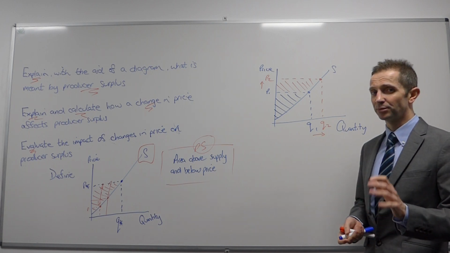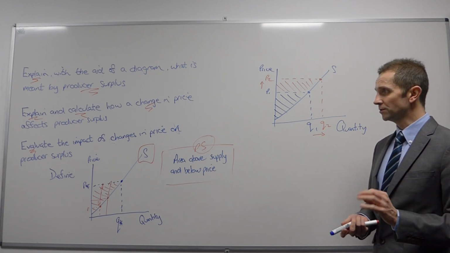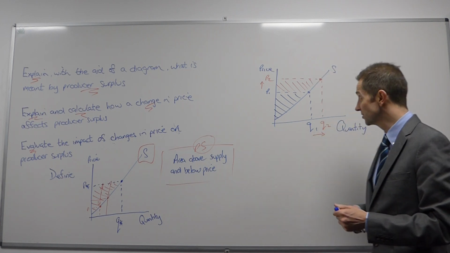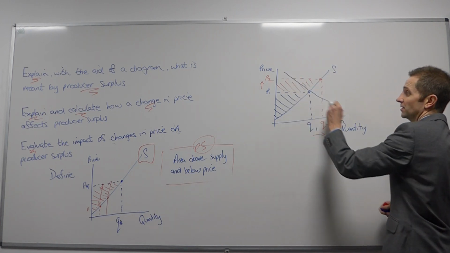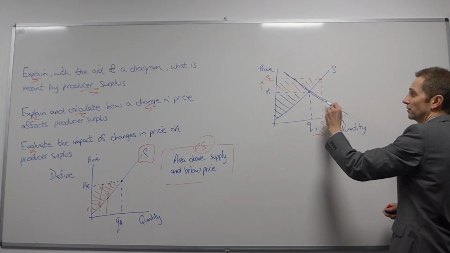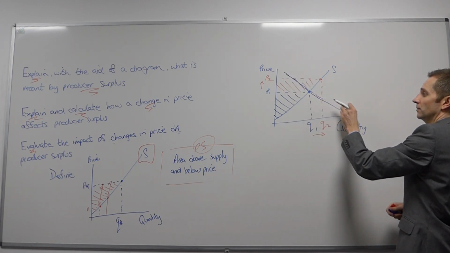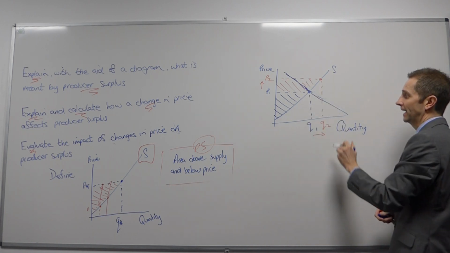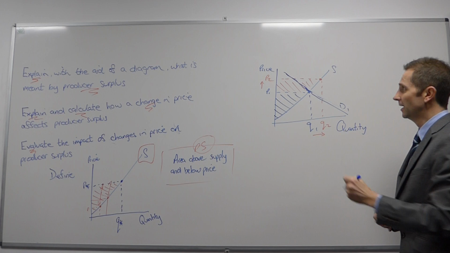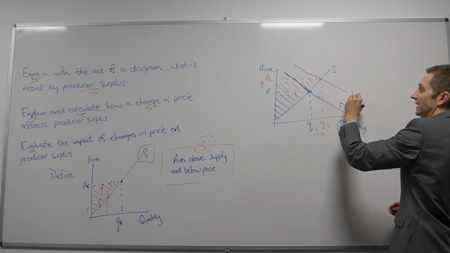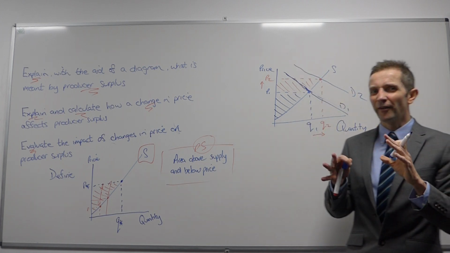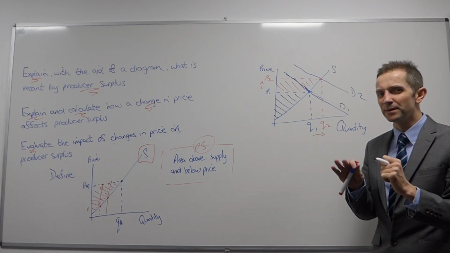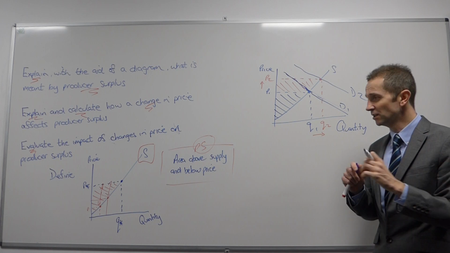Now, as I've said previously, what you might want to do, just by way of practicing your diagrams, is add some demand curves to these as well. So if we had a demand curve, not a very well drawn demand curve, but that was it, running through that equilibrium point as D1, and then you were shifting it to D2, just the mere fact that you've got another curve on there starts to make it a little bit more difficult to identify the changes.